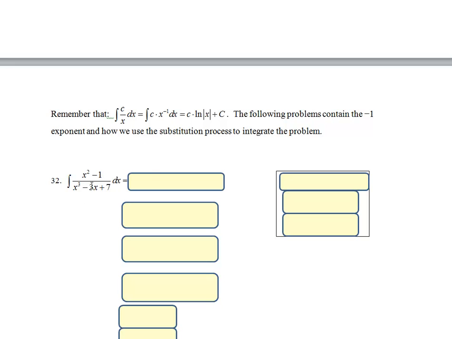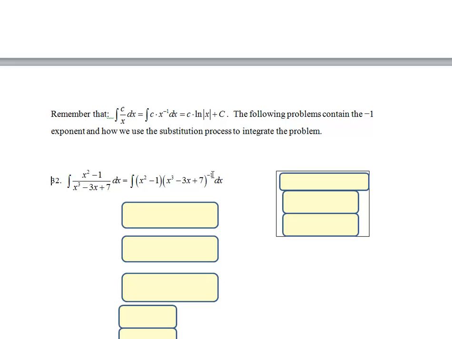So first thing, I'm going to rewrite this, and it should look familiar. We've had to do things like this in the first part of this section. So I'm going to move the x cubed minus 3x plus 7 up, making it a negative 1 exponent. And like what we learned before with the e rule, I'm going to set whatever I've got in the parentheses here, the one that's raised to an exponent, equal to u.